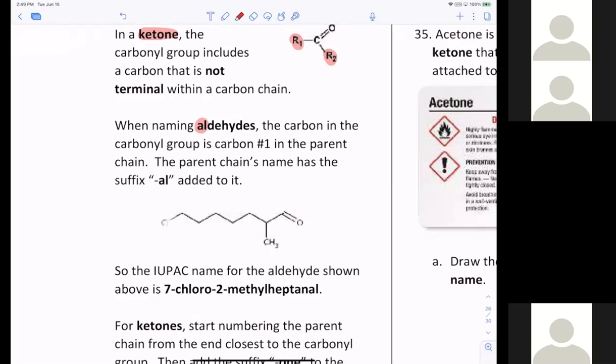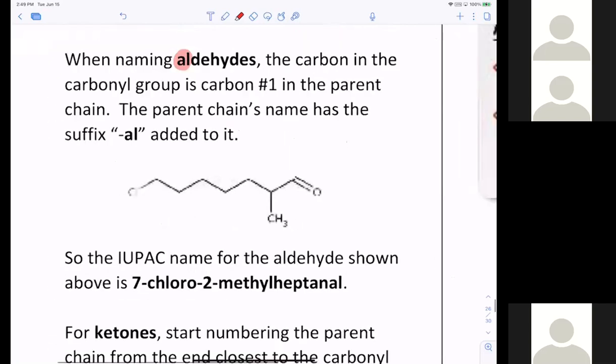It's like an alcohol, but instead of ending in -ol, it's going to end in -al. So if you have 2 carbons and it's an aldehyde, the name would be ethanal. 3 carbons and it's an aldehyde, propanal. So you really have to emphasize that, otherwise people will hear ethanol or propanol. So this molecule here, let's take a look at it. Do you recognize that that's an aldehyde?